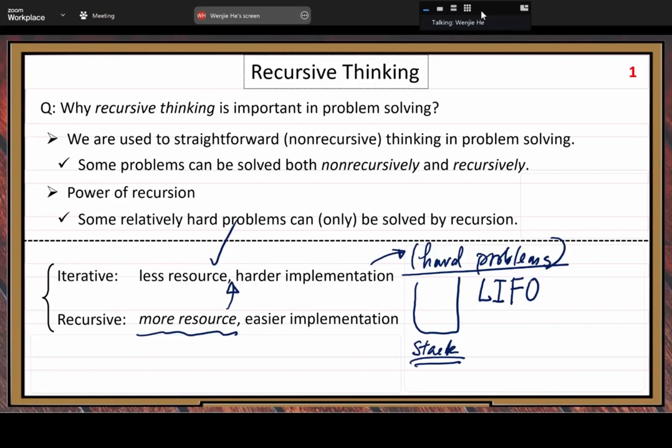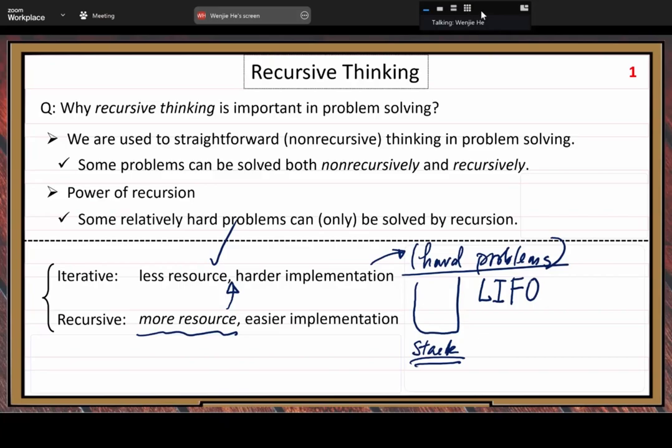The last in is on top, right? First at the bottom. But last on top, so first out. When you need to retrieve an item from the stack, you retrieve from the top. So last in, first out. So we use this property to implement recursion.